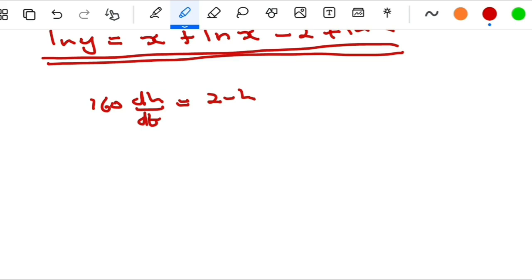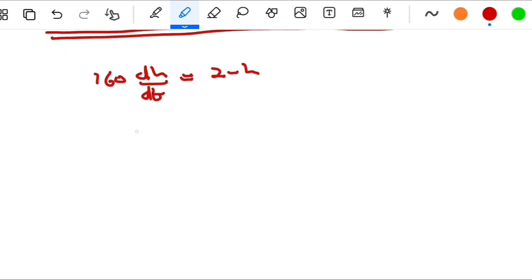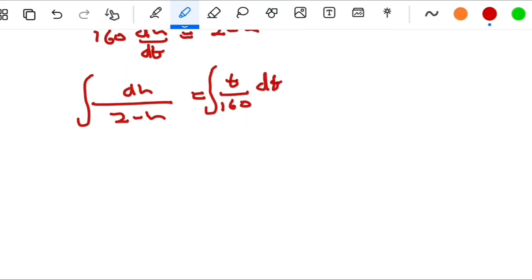First, you separate it there, and you remain with dh over 2 minus h equals t over 160. Then you integrate, and you get negative ln 2 minus h equals t over 160 plus c.